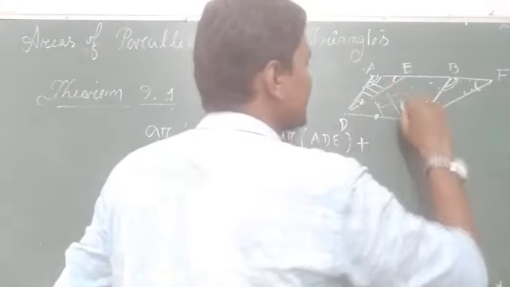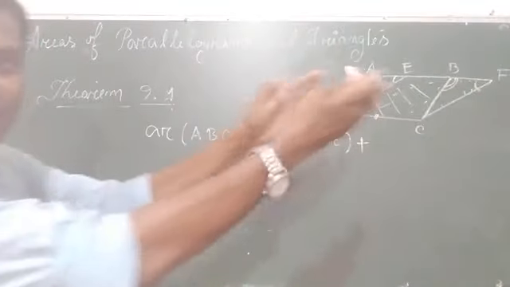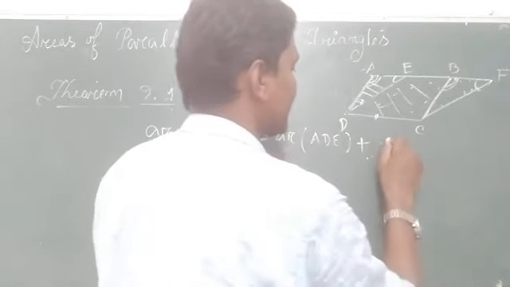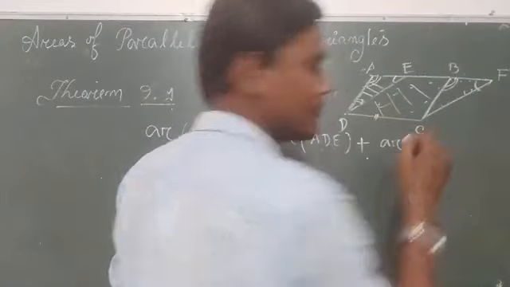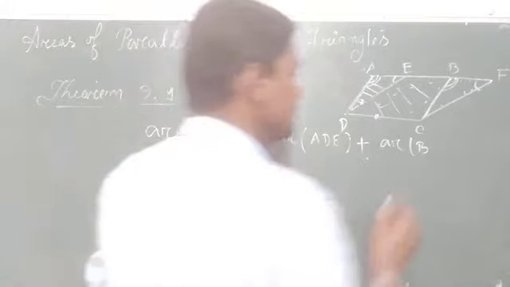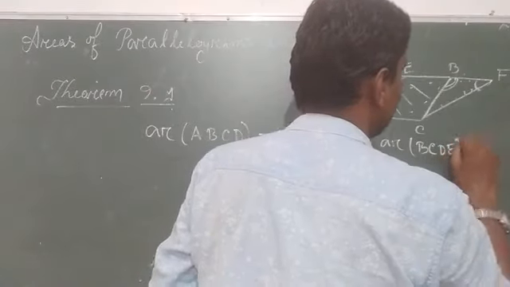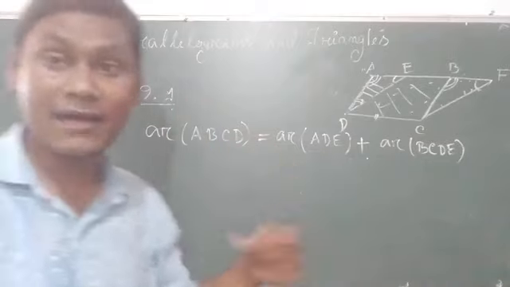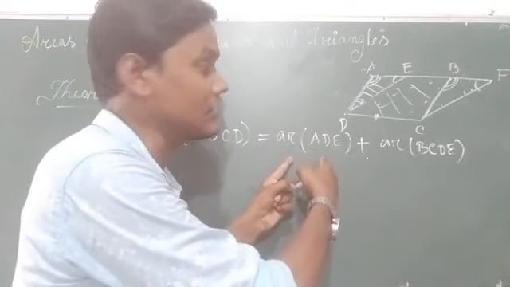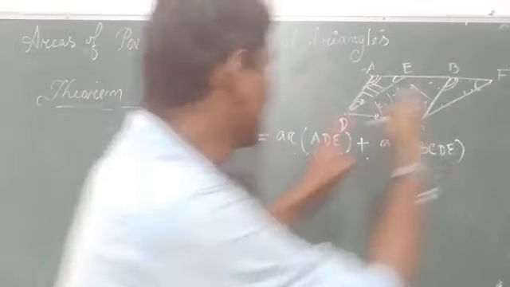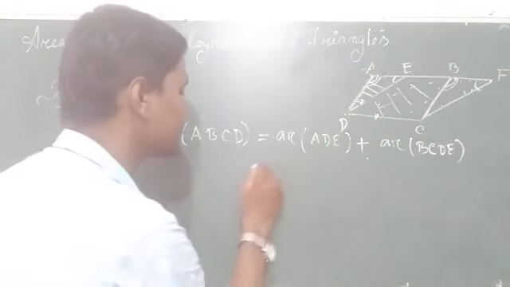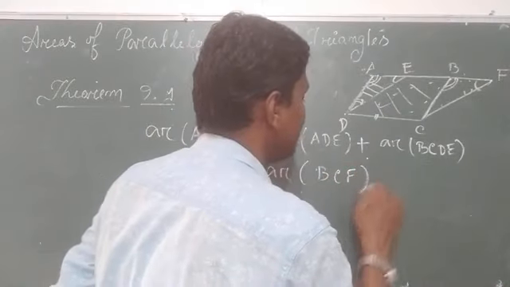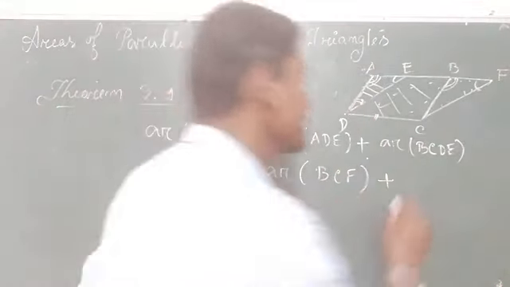If I add these two parts, area ADE plus area BCDE, I will get ABCD. Now I have already shown that area ADE is equal to area BCF. So in place of ADE, I will write area BCF plus area BCDE.